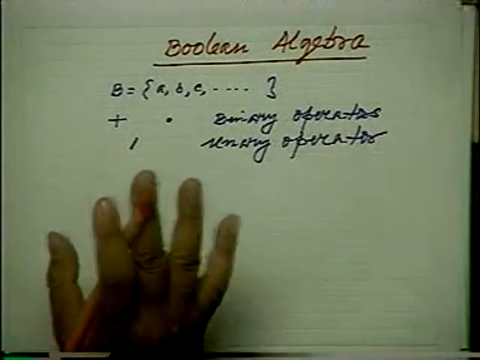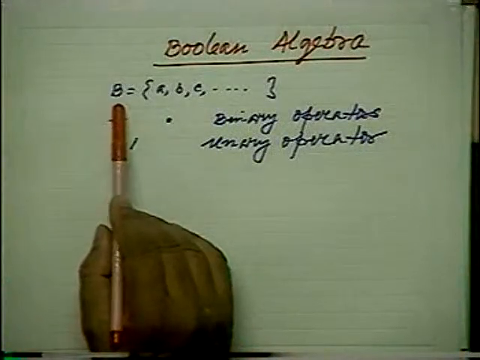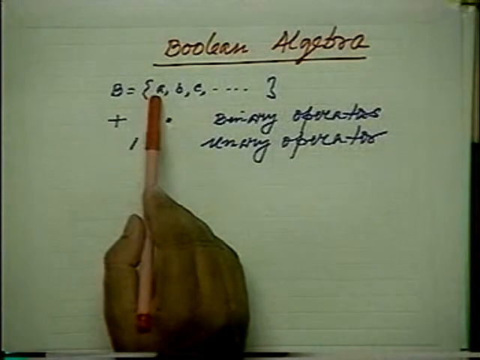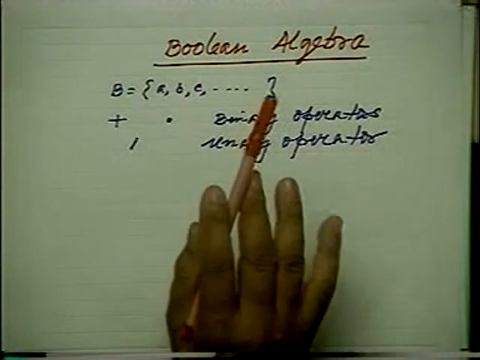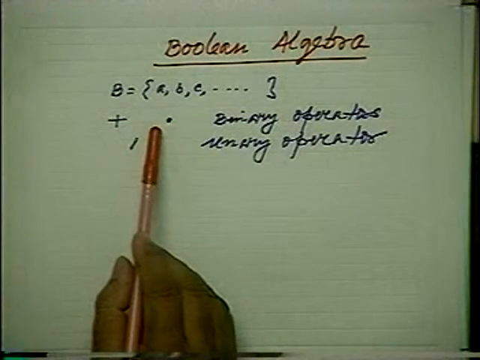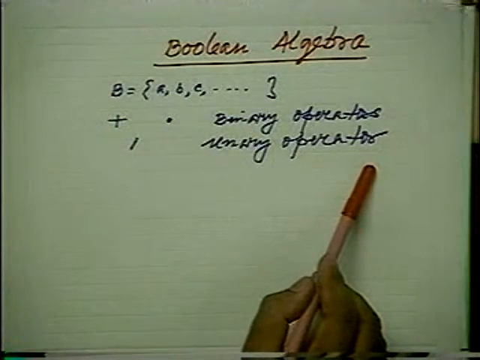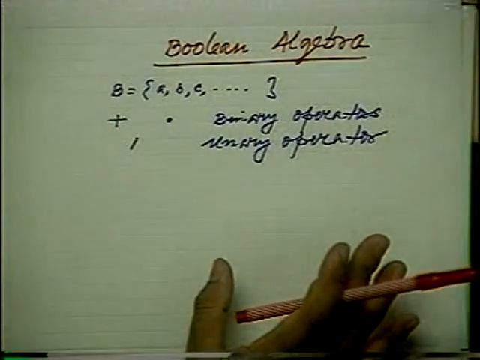The entire thing is now being placed in a very abstract way. We said that we have a set B. It consists of several elements, it's a non-empty set. We have taken two binary operators, one is plus, another is dot. We have taken one unary operator. We have not said what these binary operators are, what this set is exactly, etc.